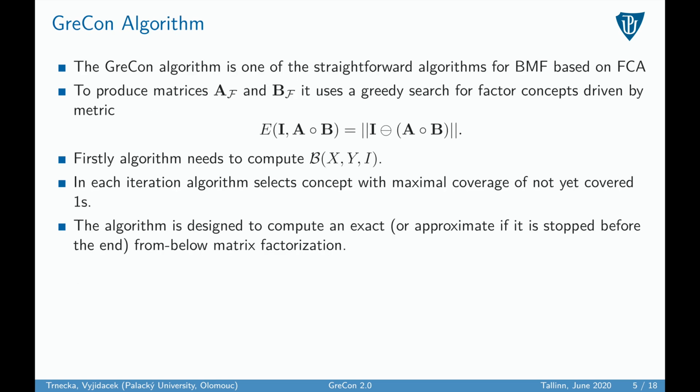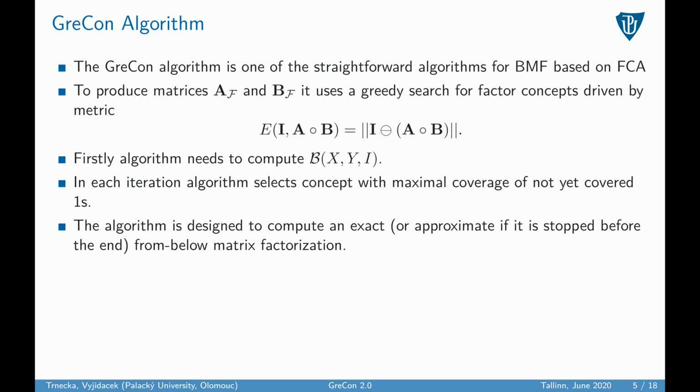Now we have all needed information to start with description of GreCon algorithm, which is the simplest algorithm based on formal concept analysis. It uses greedy strategy to compute matrices A_F and B_F. As first step, algorithm computes all concepts, for example using Fast Close-by-One, and in each iteration, algorithm computes for each concept current coverage of not yet covered ones, and selects concept with maximal coverage as factor concept.